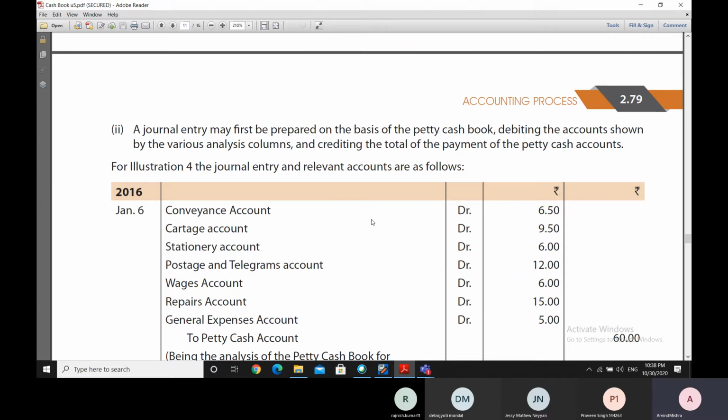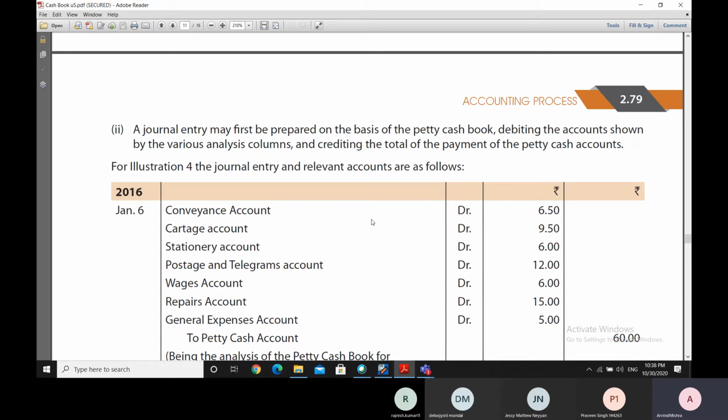So we are writing that on January 6, we are debiting all these accounts, and we are crediting the petty cash account, because by crediting the petty cash account, we are saying that we are paying petty cash out of the petty cash account, and by debiting these various accounts, we are saying that we are giving this cash for these reasons.